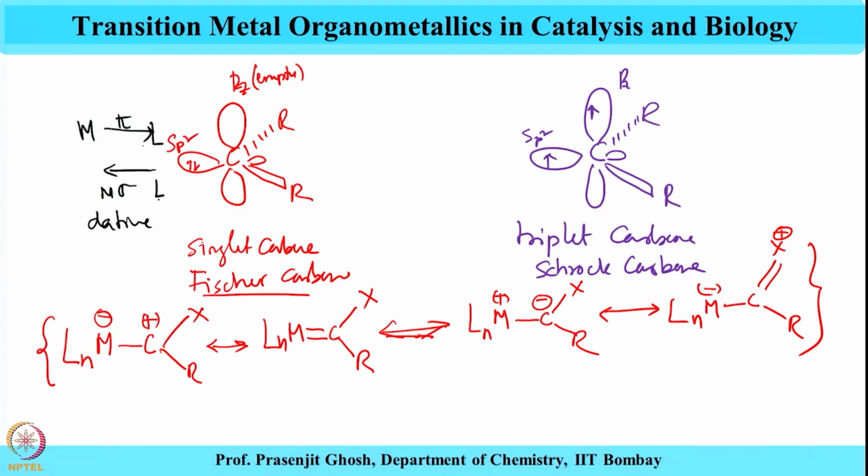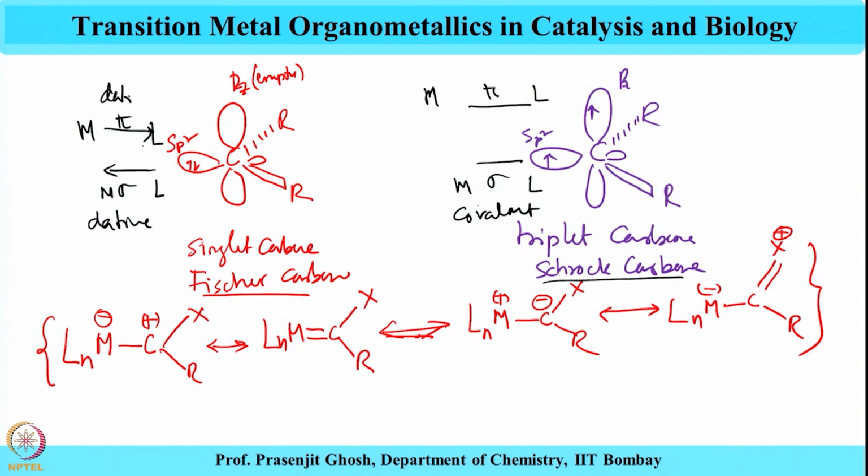Whereas for the Schrock carbene, it can make a ligand metal sigma bond which is covalent, and similarly it can make a metal ligand pi bond also covalent.